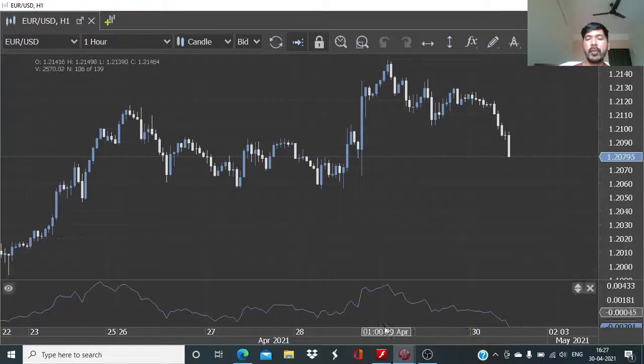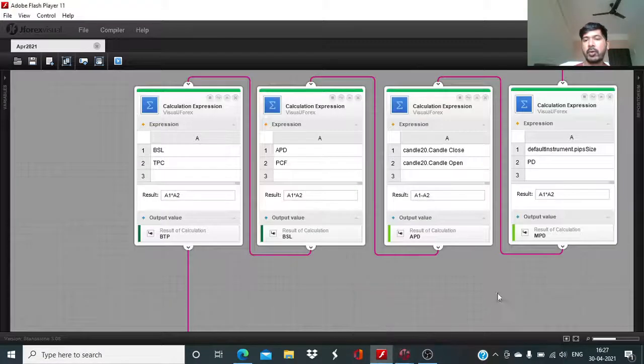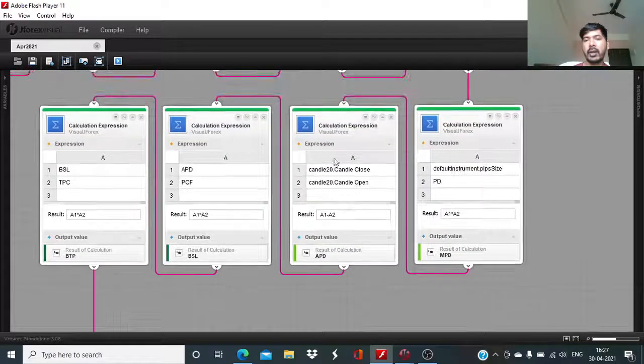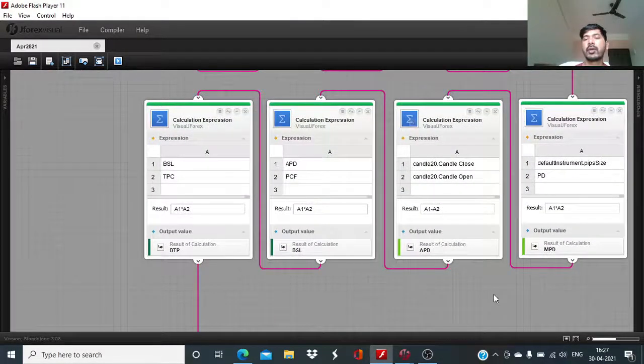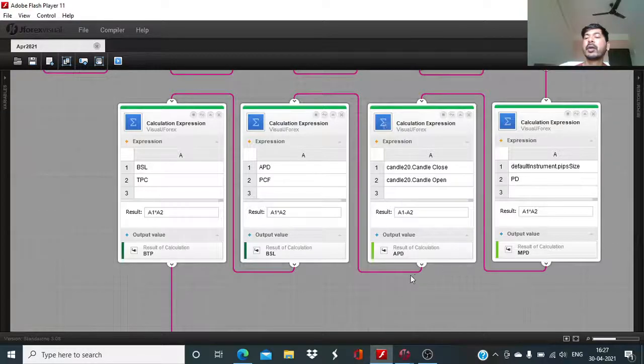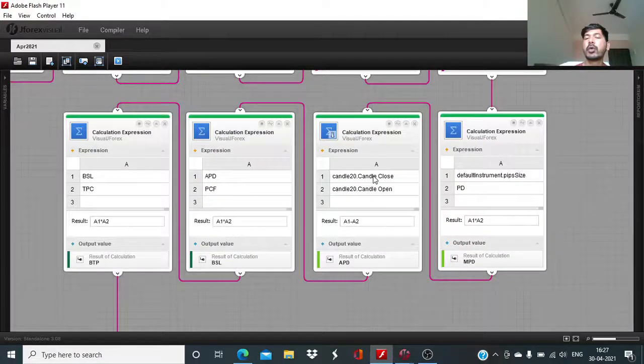So let us go back to the Visual JForex board, and here the first thing we will have to do is get a couple of calculation expression blocks, and one will be utilized to look at the price difference. Now the condition is going to be inverted.